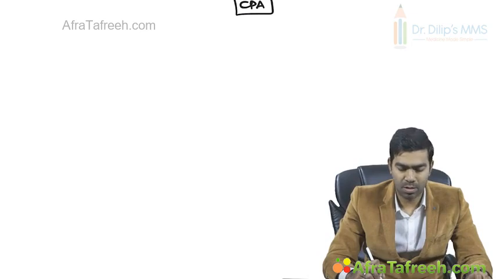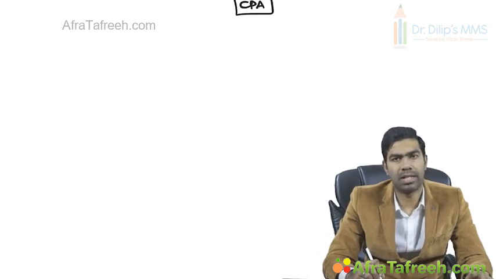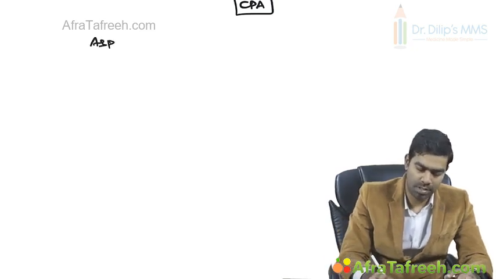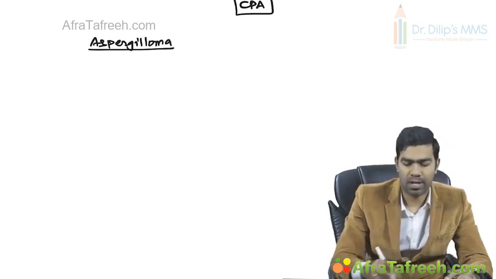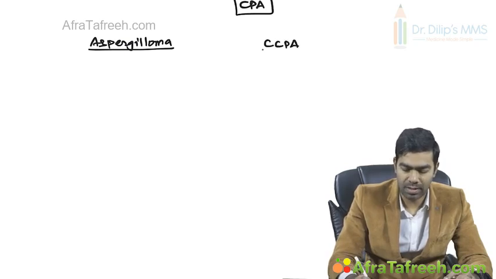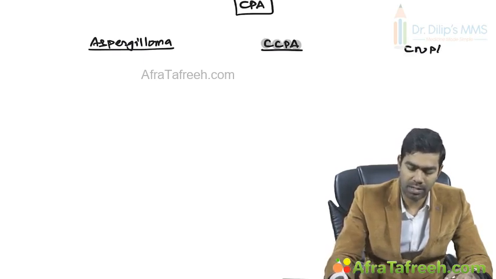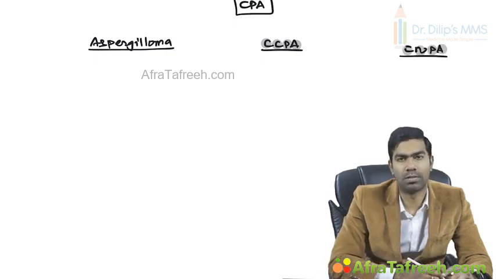Chronic pulmonary aspergillosis, I told you there are 3 different types of chronic pulmonary aspergillosis. One is called a simple aspergilloma. Second one, you have a CCPA, that is chronic cavitary pulmonary aspergillosis. Then you have a CNPA, that is called chronic necrotizing pulmonary aspergillosis.